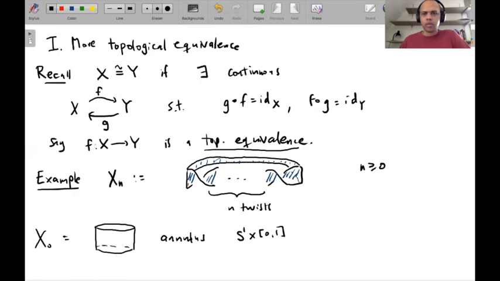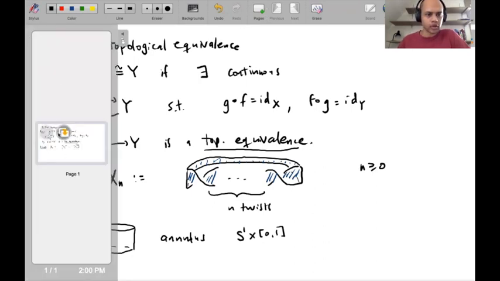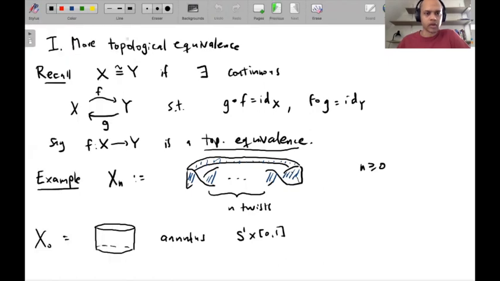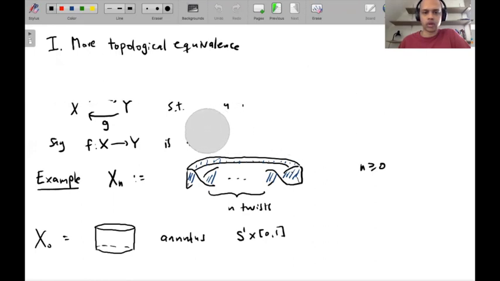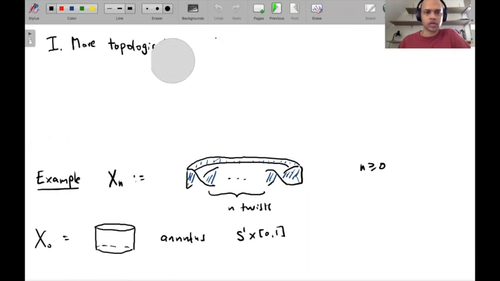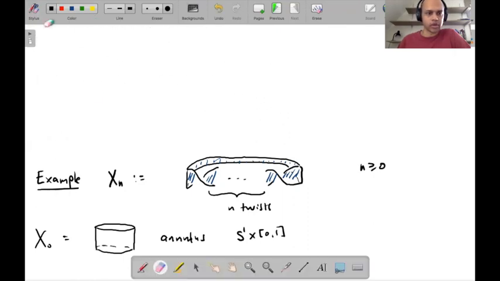I want to continue on this page. Sorry, let's. This is maybe questionable board work, but let's do it anyway.